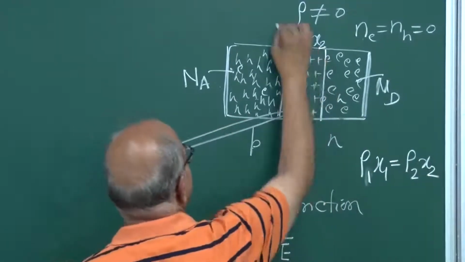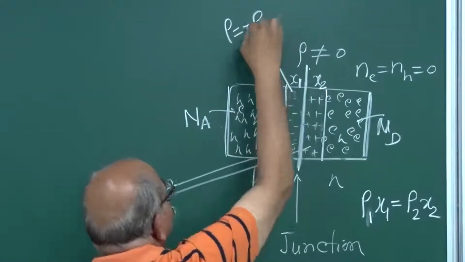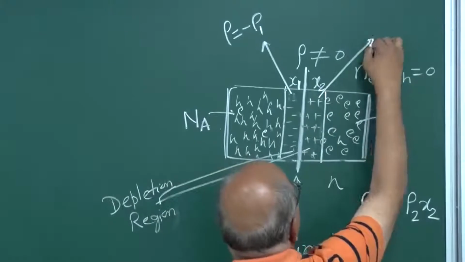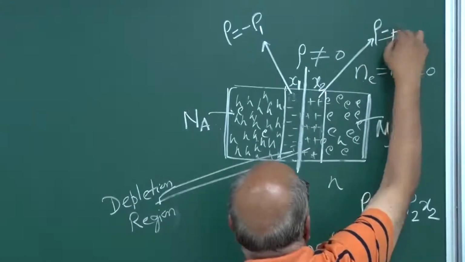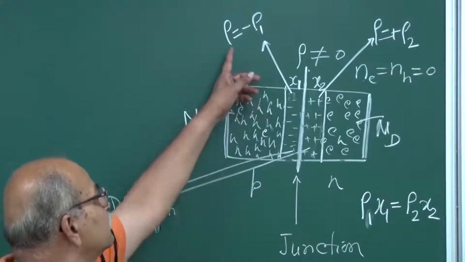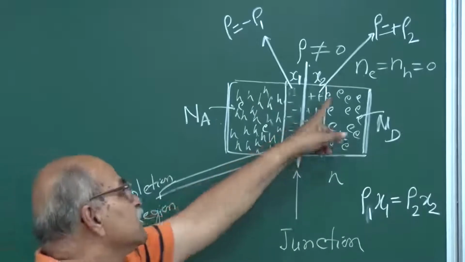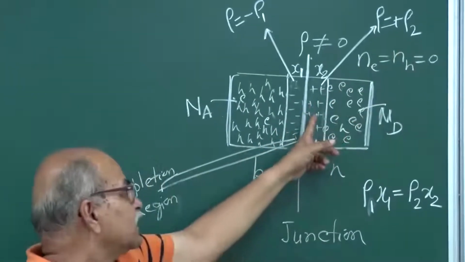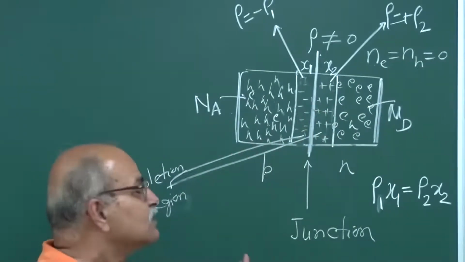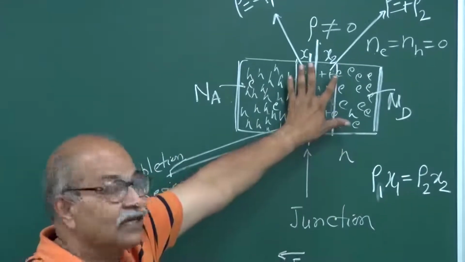If this side is, say, rho equal to minus rho 1, and this charge density is rho equal to plus rho 2, then rho 1 times x1 in magnitude is equal to rho 2 times x2, because total charge has to be 0.